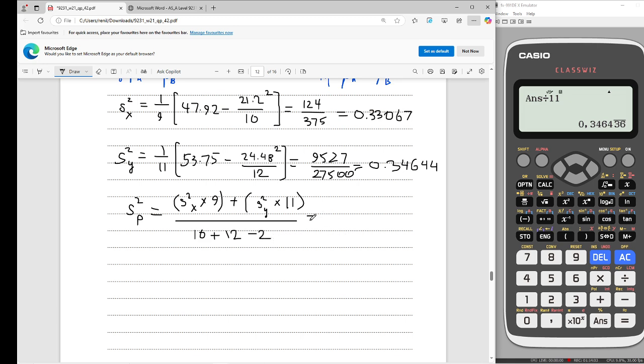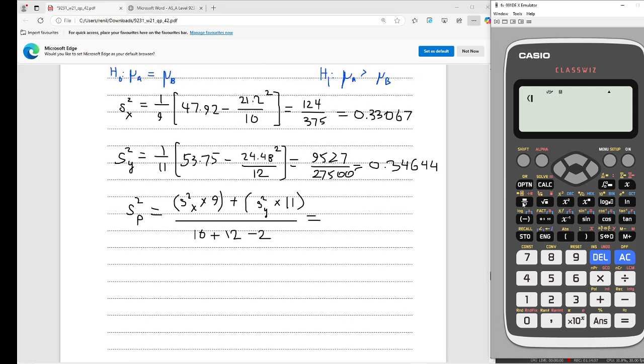Okay, so when you do this, we got x value as 124 over 375. Okay, this is our S2 of x, and this is multiplied with 9, and then we need to add this with S2 of y, which is 9.